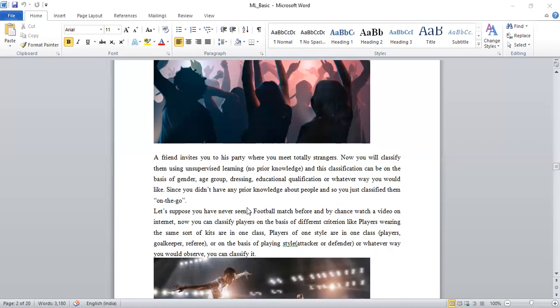A friend invites you to his party where you meet totally strangers. Now you will classify them using unsupervised learning, with no prior knowledge, and this classification can be on the basis of gender, age group, dressing, educational qualification, or whatever way you would like.